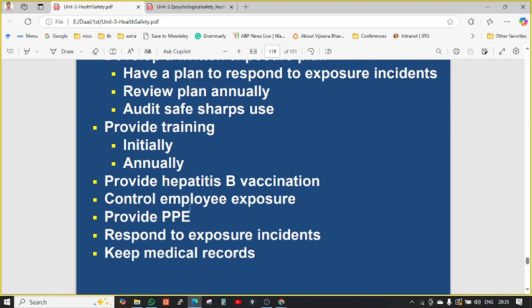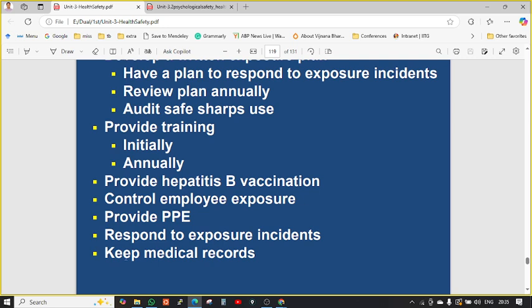So control employee exposures. If not necessary, you should not visit hospitals or such unhealthy situations or people. That can also avoid these things. Provide PPE, use face masks and gloves. Respond to exposure incidents: if someone is affected by some person or disease, immediately report it to your supervisors or the medical doctors team.